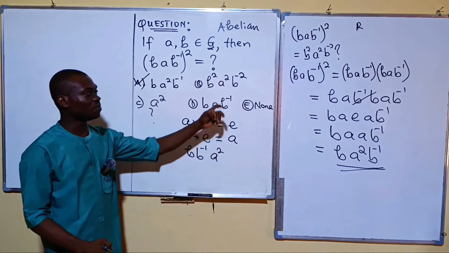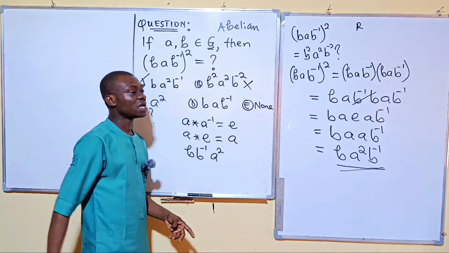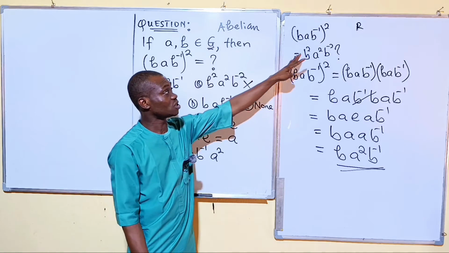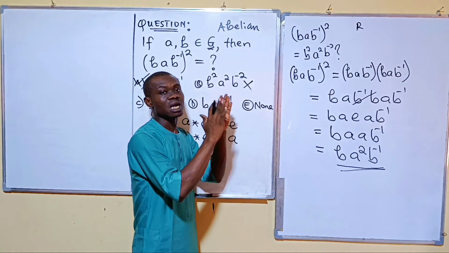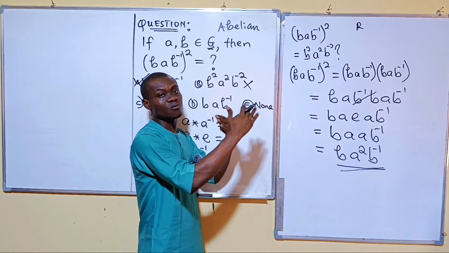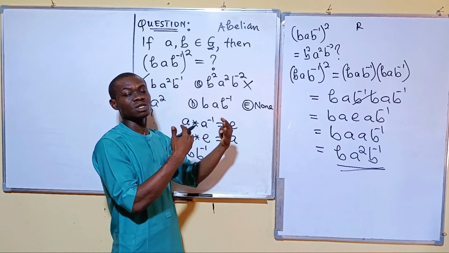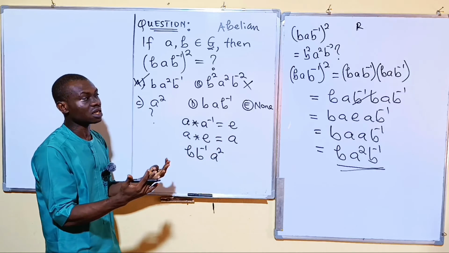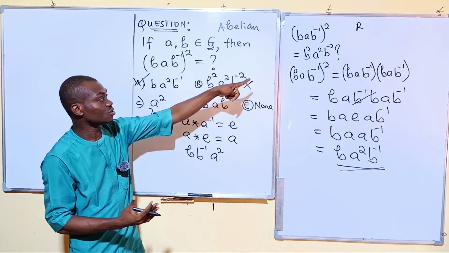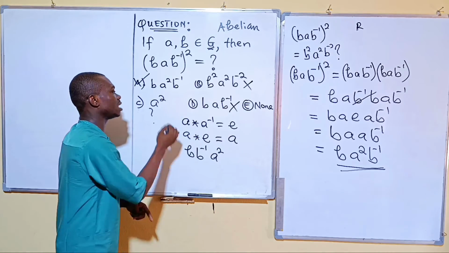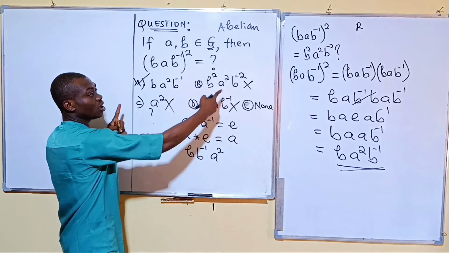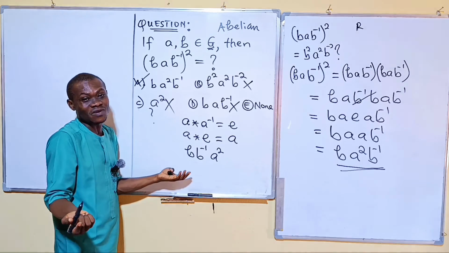So you can see that B is not correct. Of course, mathematically, power is distributive only in particular sets. It doesn't happen in all sets, so you don't do it generally. So this is not true, this one also is not true, and this is also not true. But all of them are things that we are conversant with.